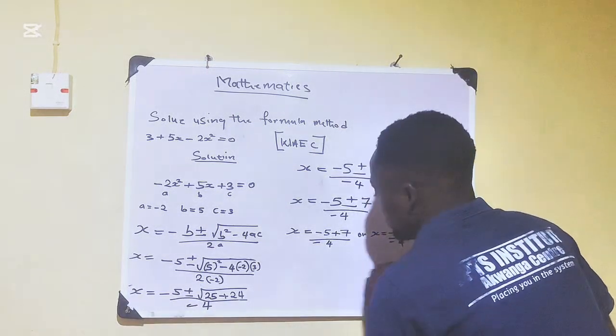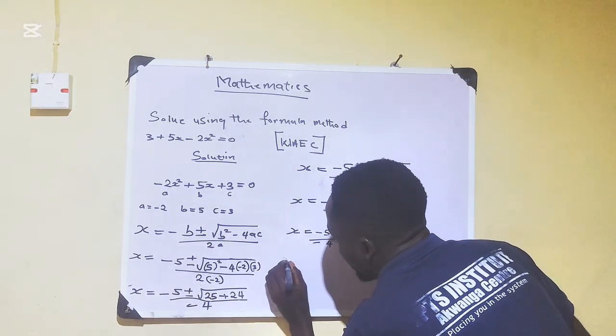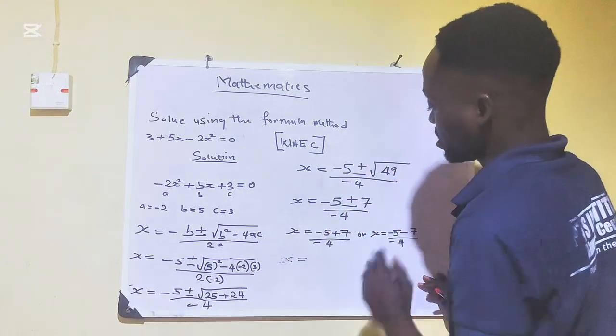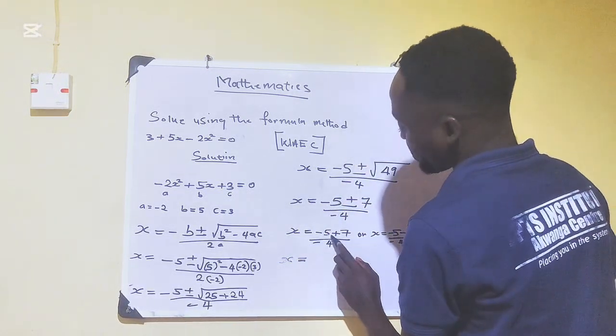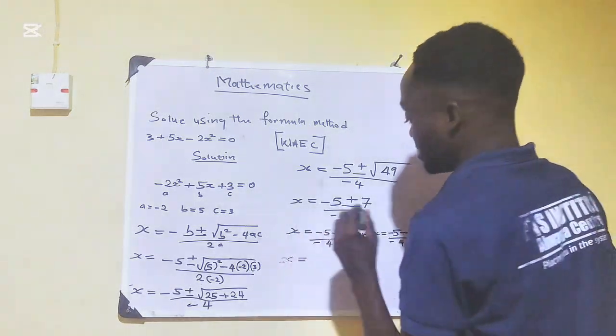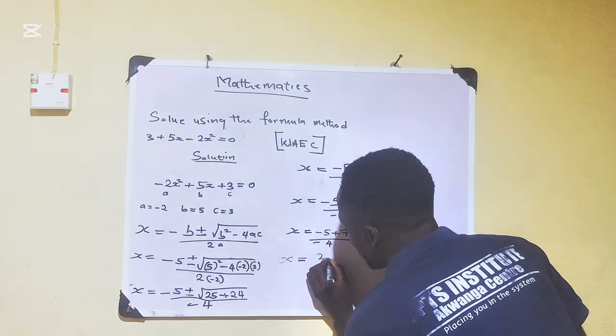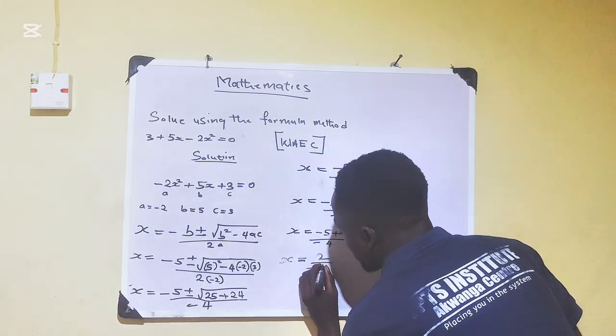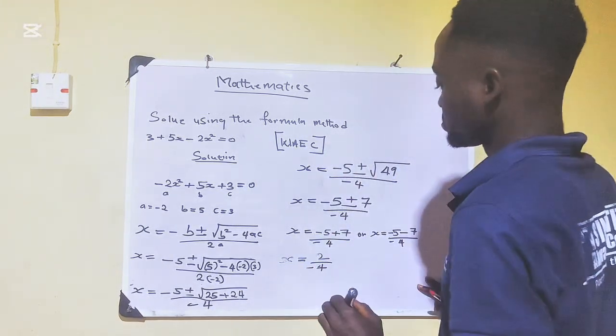So x is equal to minus 5 plus 7. The answer will be 2 all over minus 4.